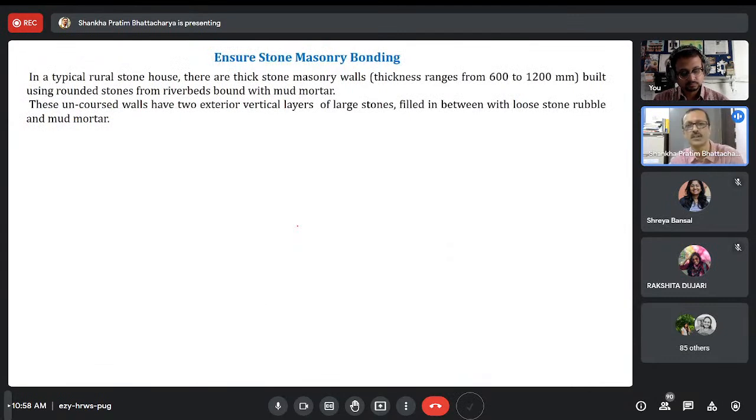Next is to ensure stone masonry bonding. Stone masonry we probably do not use, but if you go to the hilly areas, Uttarakhand and all, and of course in Assam and in our Bengal also, they use it because it is a locally available material.